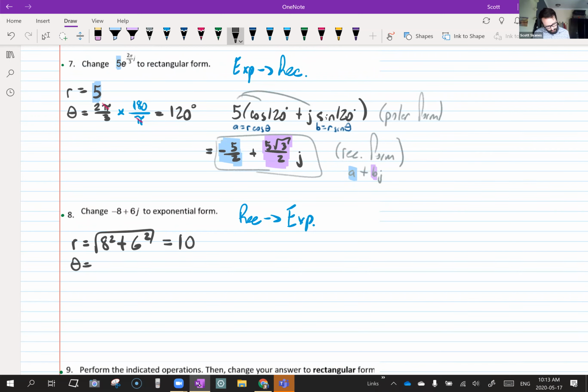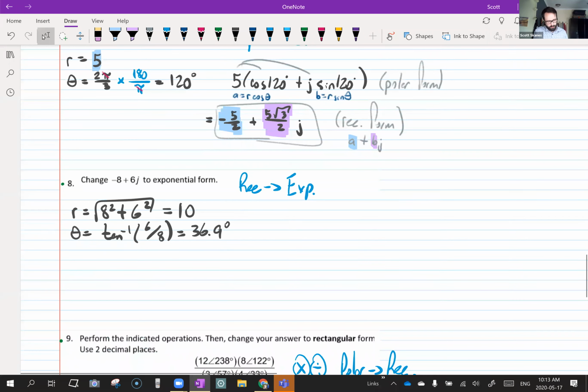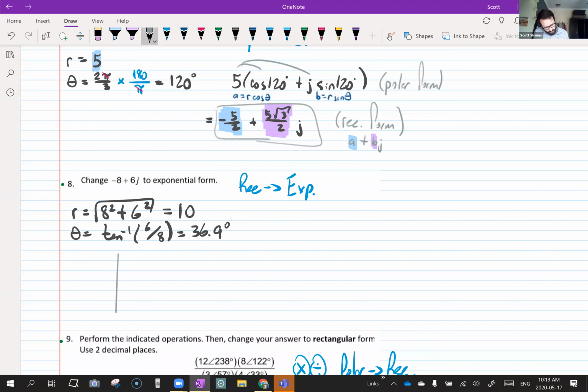Theta is tan inverse of 6 over 8. And let's see, 6 over 8 gives me 36.9. The problem is I didn't make a sketch, so how am I supposed to know which quadrant this is in? So you should always sketch it. It goes left and up. So we're lucky. This is going to be the exact same quadrant as last time. Which quadrant's that? Quadrant 2.